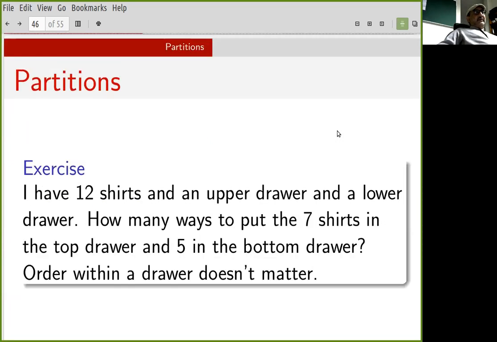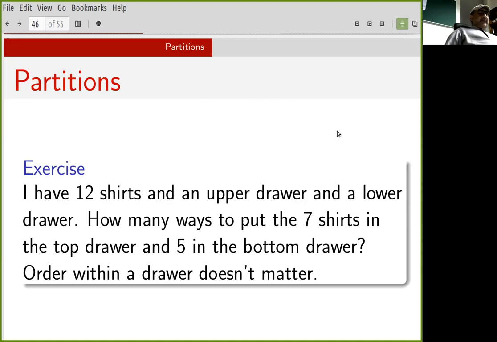Let's say that this time I had 12 shirts. I have an upper drawer and a lower drawer. I put 7 shirts in the upper drawer, and I put 5 shirts in the bottom drawer. How I arrange them within the drawer doesn't matter. So how many ways are there of doing that? Well, if order mattered and I was laying them out in a row, there would be 12 factorial ways of doing it.